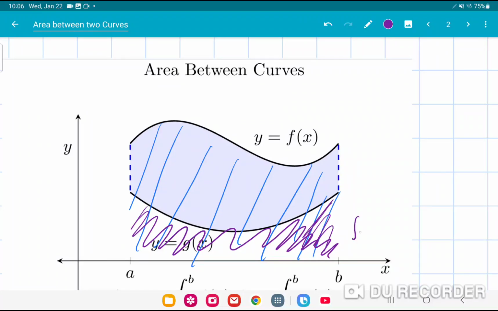So this is the integral of g of x dx from a to b. That gives us the area under the graph of g, and we take the difference of these two integrals.